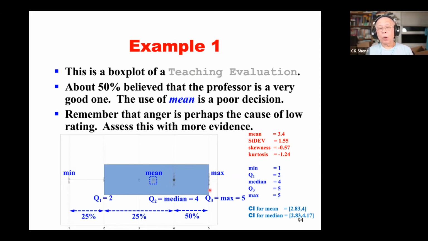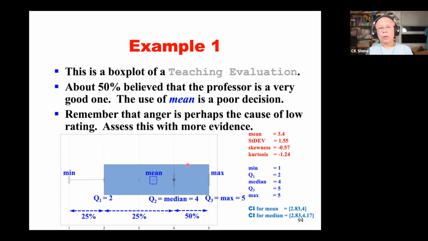So we don't have the right whisker. We do have the left whisker. From the minimum to Q1, we have 25%. From Q1 to the median, we have another 25%. But Q3 is equal to maximum.